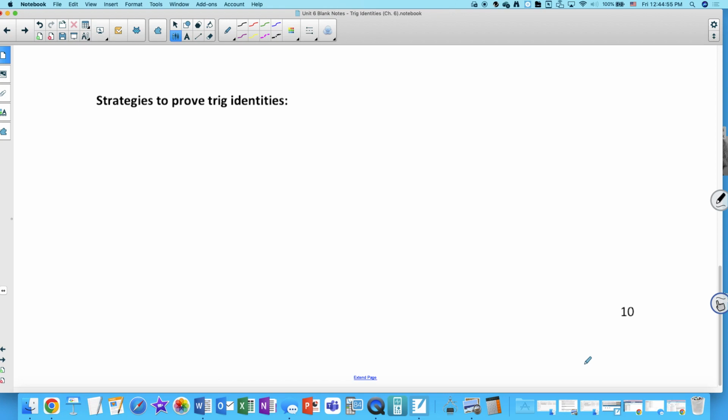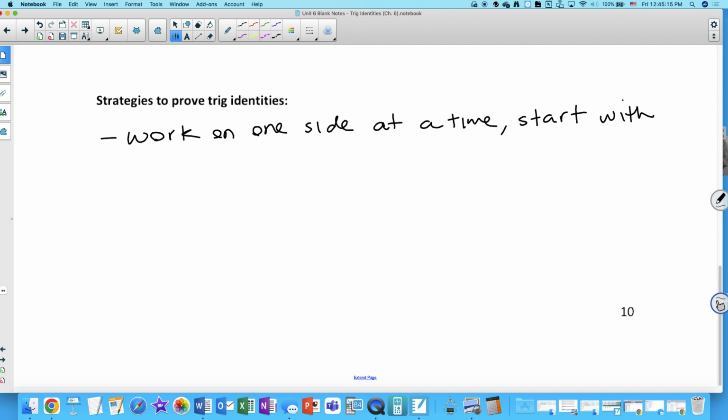Typically, we start with the more complex side. Okay, so work on one side at a time and start with the more complicated side. Okay, so that's one thing.